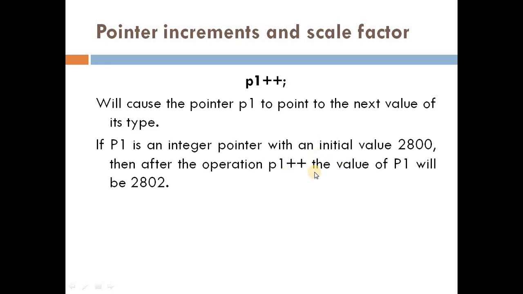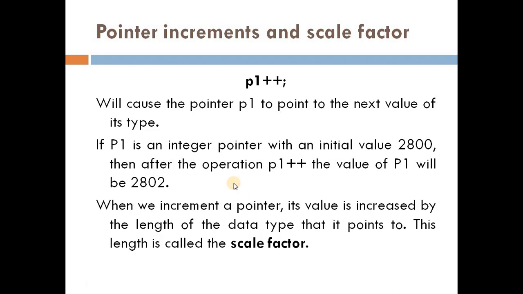When we do P1 plus plus, it becomes 2802. When we increment a pointer, its value is increased by the length of the data type that it points to. This length is called the scale factor. This scale factor is very important when doing pointer arithmetic.